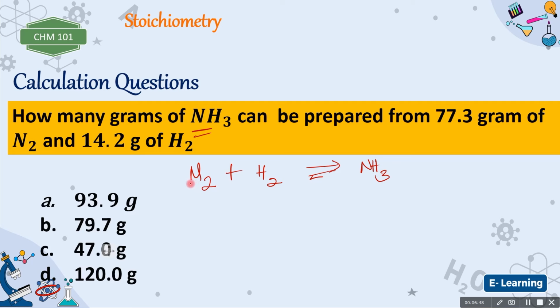Now let's balance the equation. You need 3 here. Here will be 2, and this equation is balanced. Yeah, it is balanced. All right. Now, how many grams of NH3 can be prepared from 77.3 grams of N2 and 14.2 grams of H2?